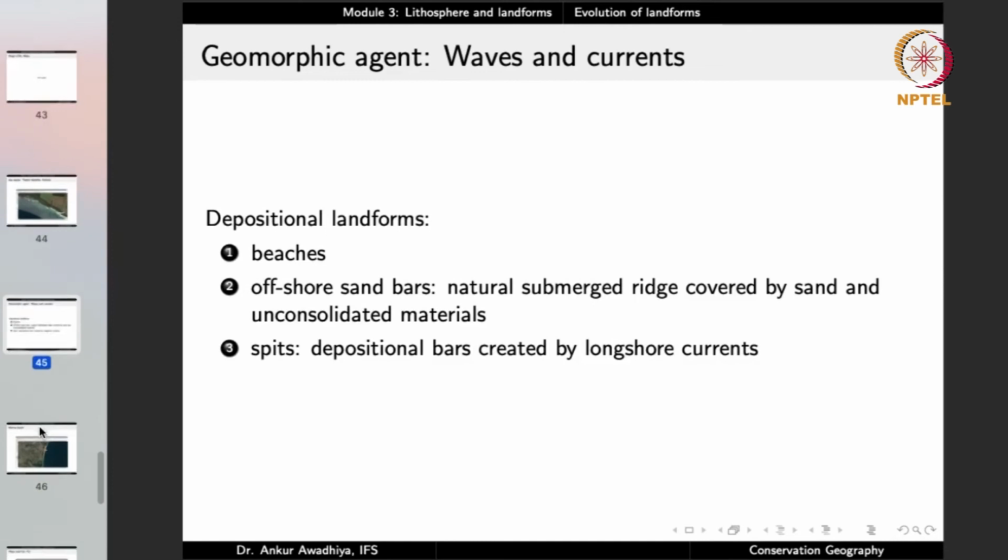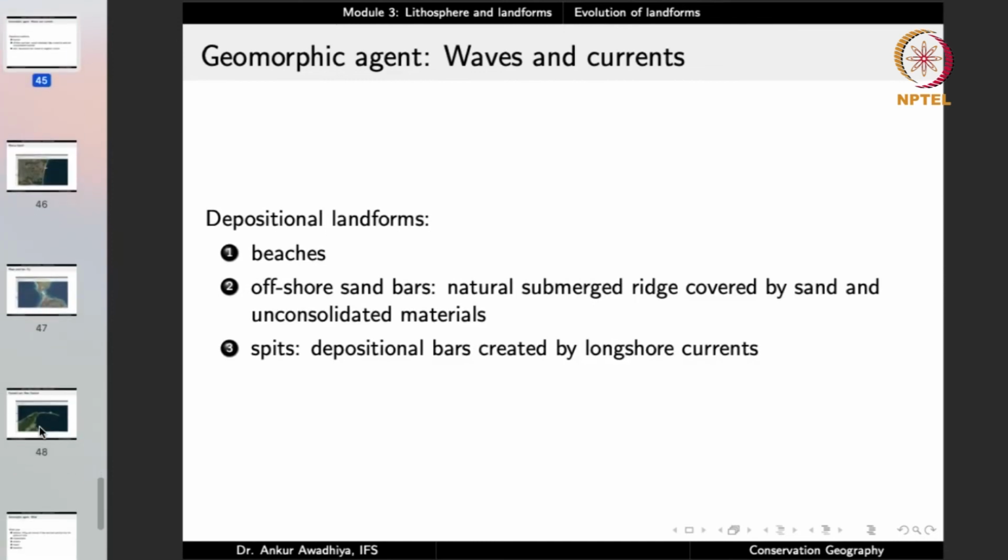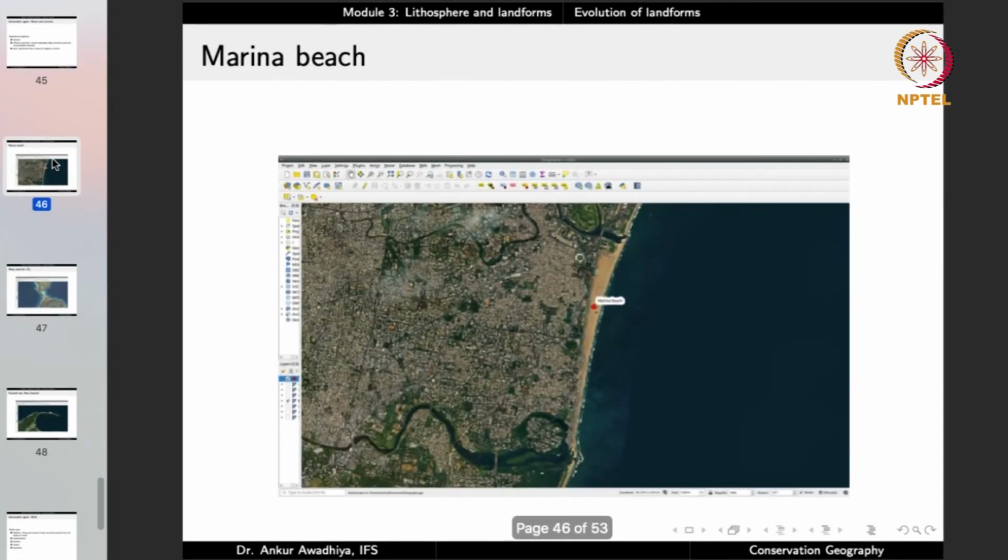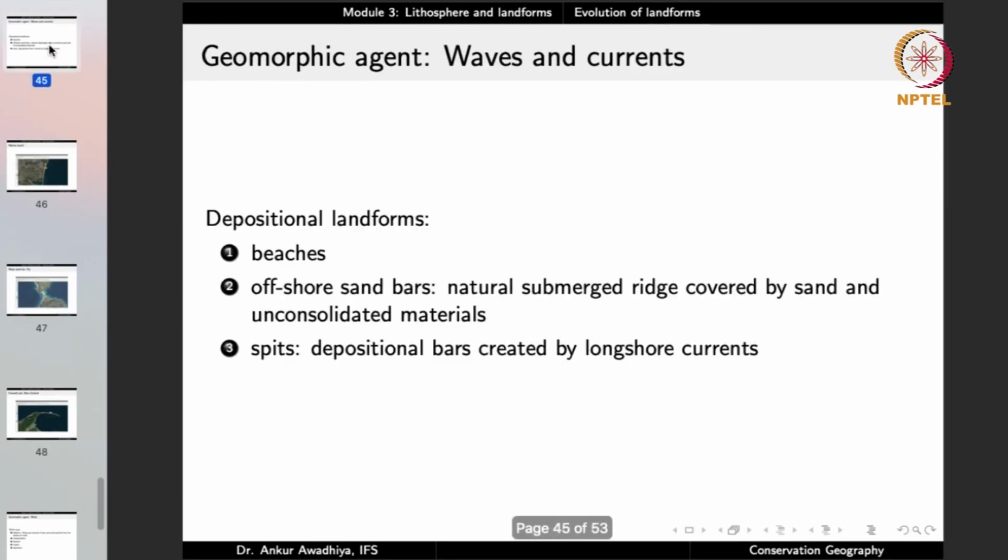The waves and currents also create depositional landforms such as beaches. This is the Marina Beach in Chennai, and this is a depositional landform. So the waves have brought sand and they have deposited sand here. Or they can create offshore sandbars, which are natural submerged ridges that are covered by sand and unconsolidated materials.